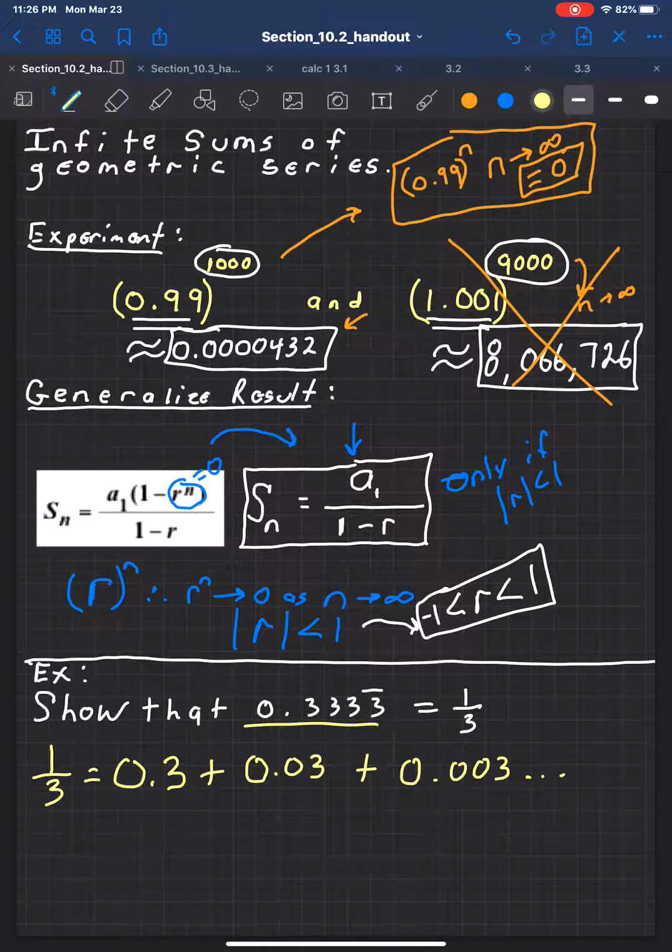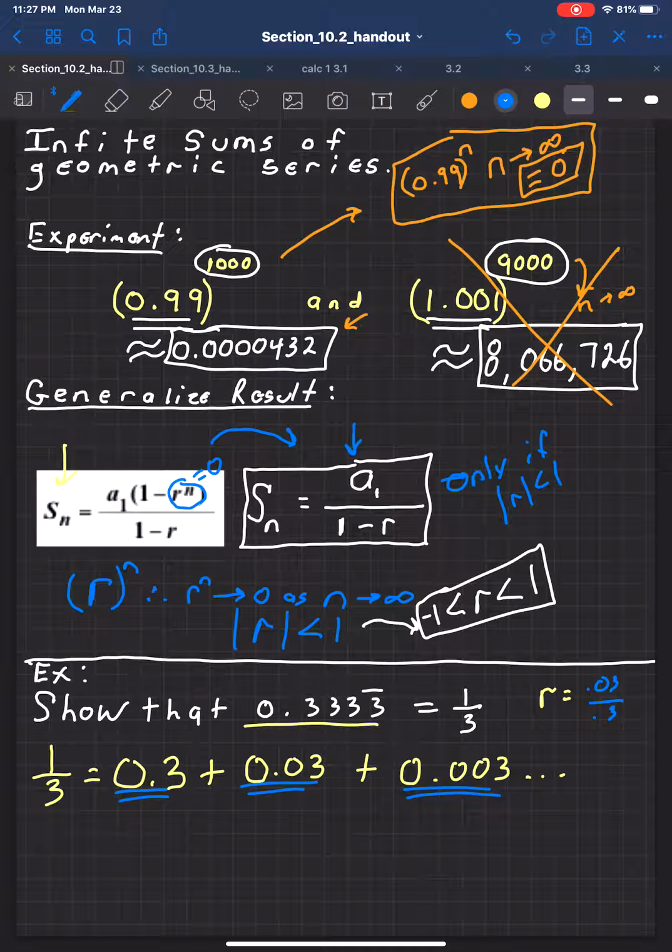But that's okay because we have a formula that will do sums. But that formula requires that we know the common ratio, right? So in other words, we've got to figure out how do I go from 0.3 to 0.03, and then how do I go from that to 0.003? So I need to find out what r is. Well, in this case, if you take 0.03 divided by 0.3, you'll find your r value.